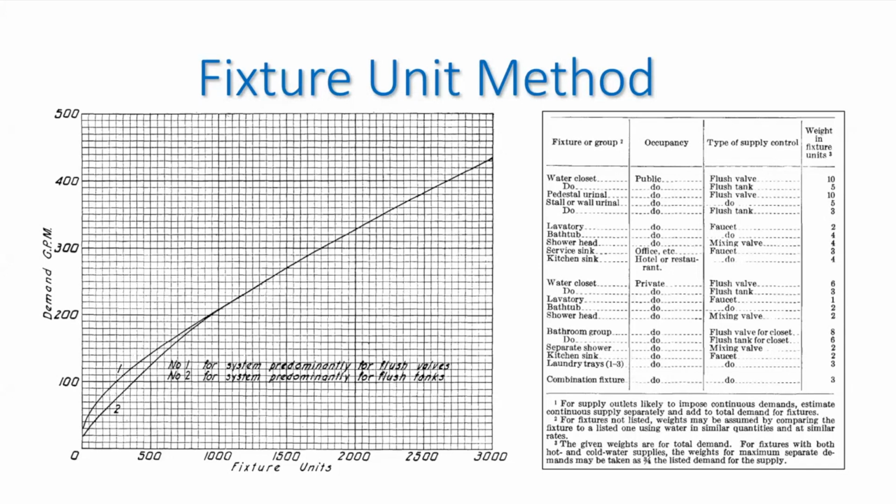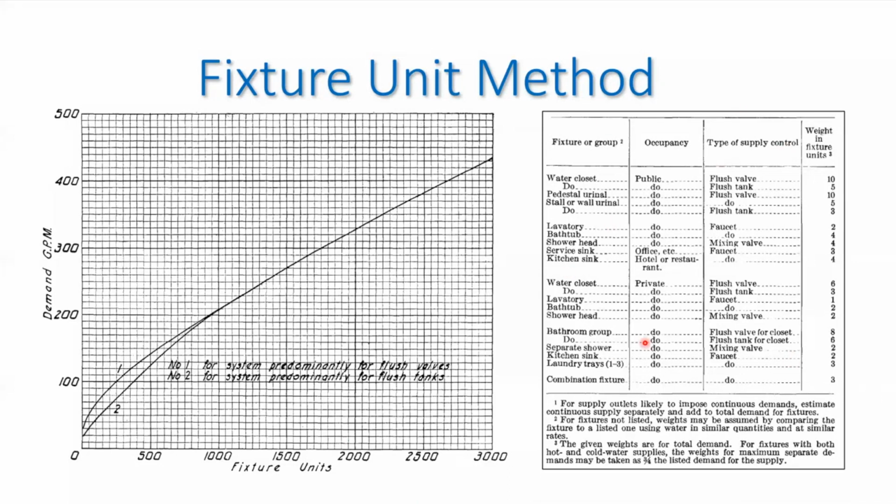So he kept those separate until they intersected at around 1,000 fixture units, where the curve then becomes a common design curve. So that is the design curve that's still used today.